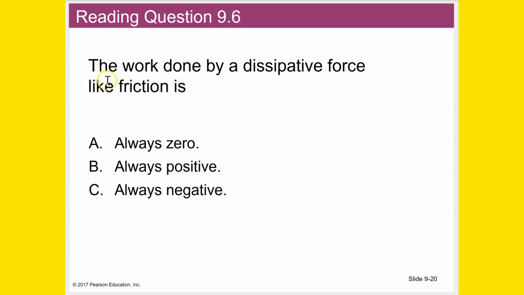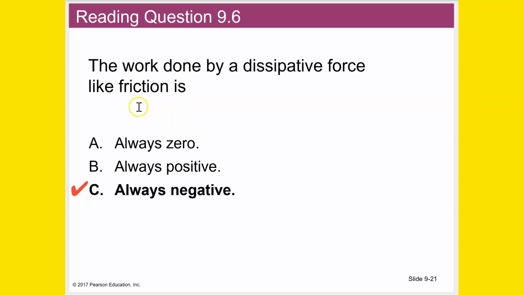The work done by a dissipative force like friction is always what? It's always negative. If you think of a car as the system and everything outside of the car as the environment, when you slam on brakes, the kinetic energy of that car is decreasing, and it's decreasing because that car is doing work on the environment, or you could say the environment is doing negative work on the car, and that's because of the friction that is bringing that car to a halt.